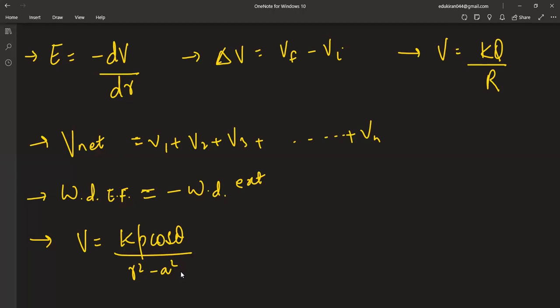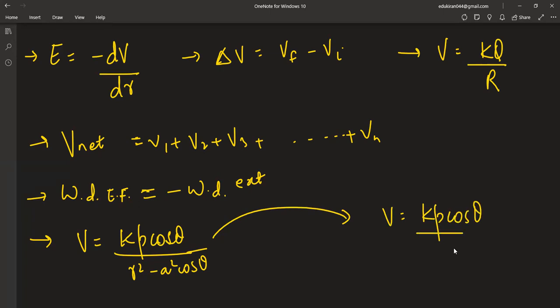All right. Now, when you consider the dipole approximation, then it becomes Kp cos theta divided by R square. But if you are not talking about the ideal dipole approximation, if you do not know whether your A is very less than R, then you cannot apply this, right? So these conditions you have to see.